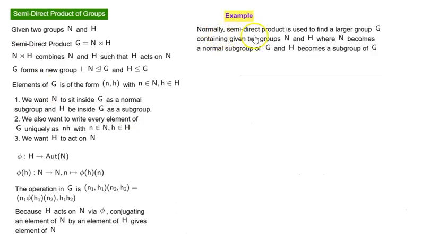Now, normally semi-direct product is used to find a larger group G containing given two groups N and H, where N becomes a normal subgroup of G and H becomes a subgroup of G. So what we'll do is we will take up a group which we are already familiar with and go backwards.